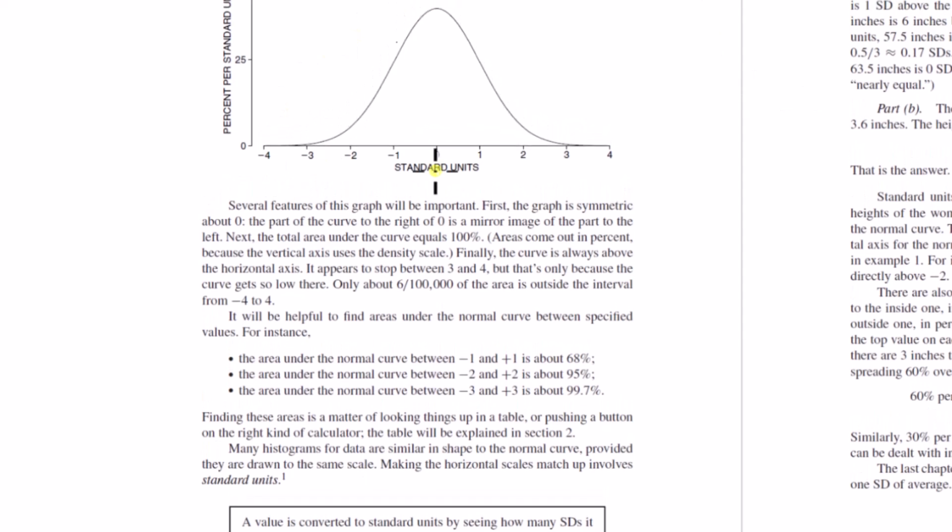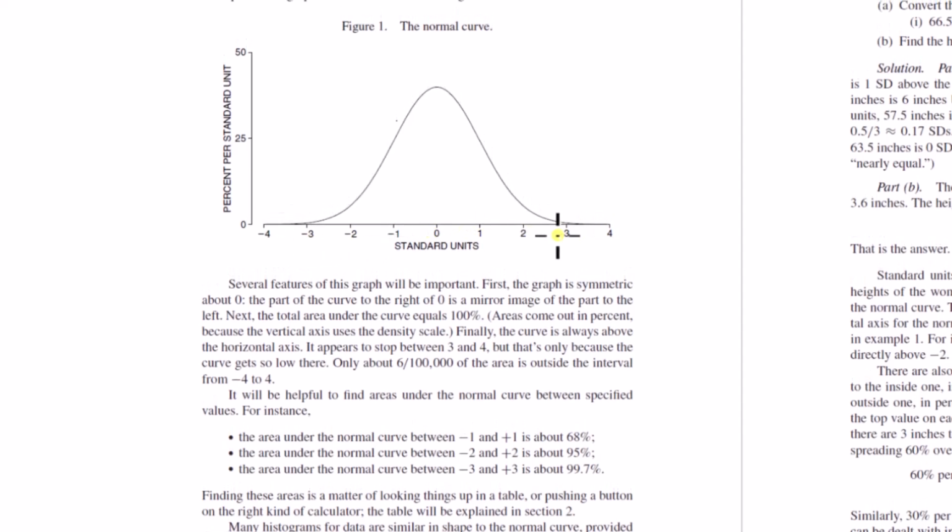But you can imagine if you have your original histogram with the original units, you can mark off on that histogram where 1 standard deviation is, where 2 standard deviations are. There are 2 ways that a graph could potentially change a good bit when you shift to standard units. If the graph is really spread out, or conversely compressed in, then the original curve might be pulled in a little bit, or stretched out a little bit.